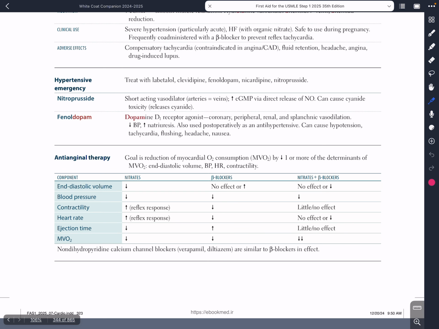Now, anti-anginal therapy. The goal of anti-anginal therapy is to reduce myocardial oxygen consumption.